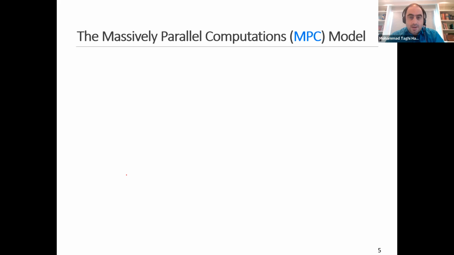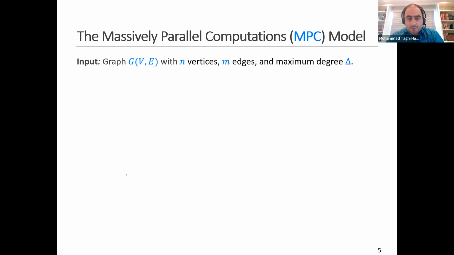Good. So let's talk a little bit about the massively parallel computation model. Like in the graph problem, we talk about edit distance as well, but in the graph problem, you are given a graph G with n vertices and m edges, and say the maximum degree is delta.